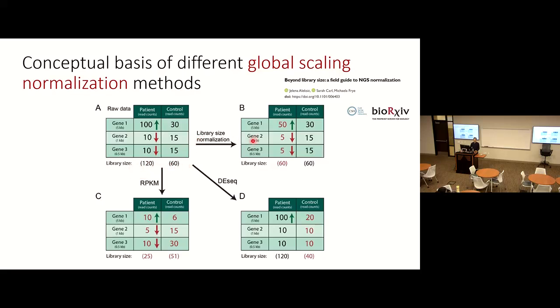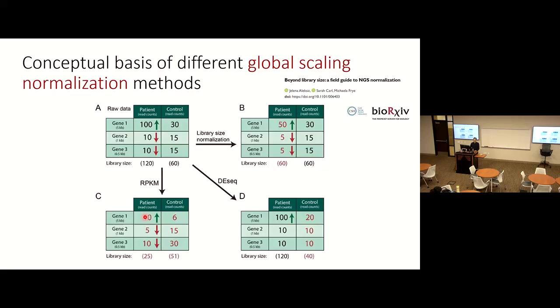And then you go this way to do the library size normalization, and you turn this down to 60 by a factor. Now, patient and control have the same total library size, and that makes them comparable. So you can start to compare this gene between two different samples.